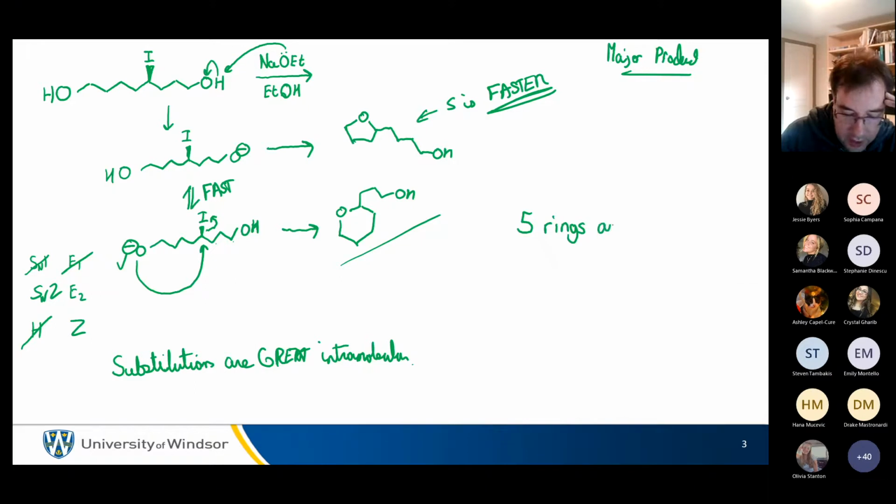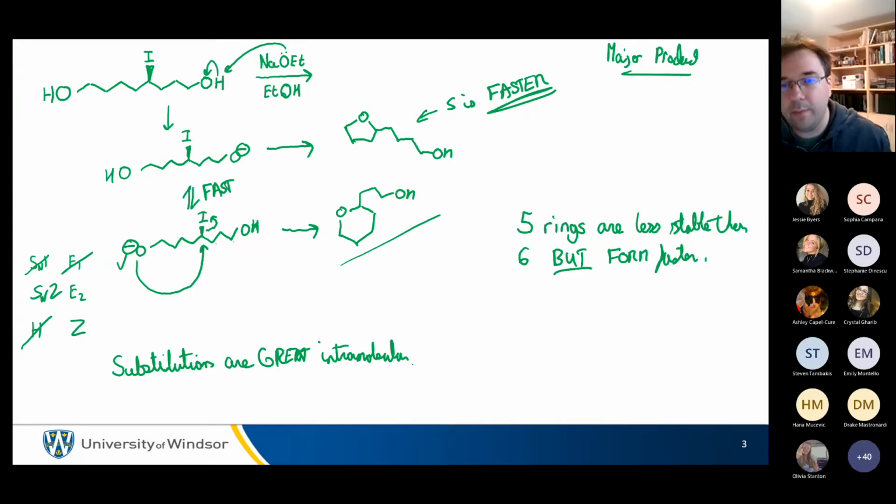So 5 rings are less stable than 6, but they form faster. Yeah, so speed dominates if there's no equilibrium. If there's equilibrium, then stability dominates. This is kinetics and thermodynamics.